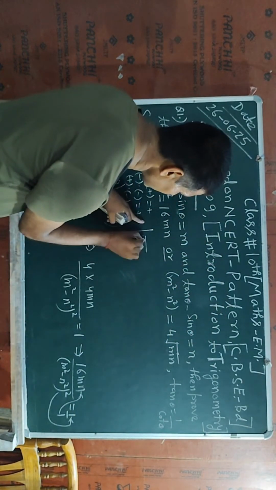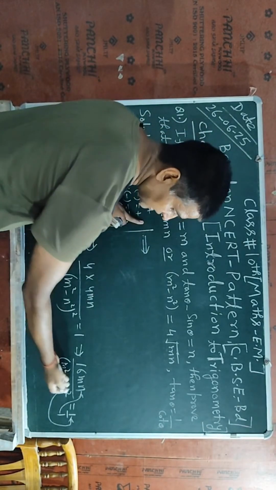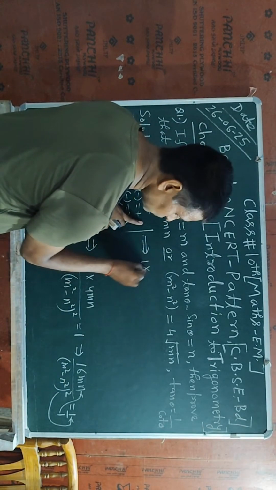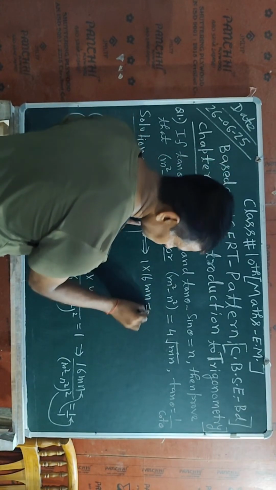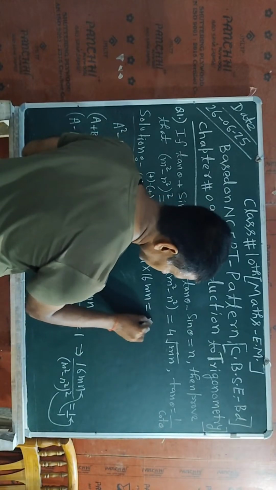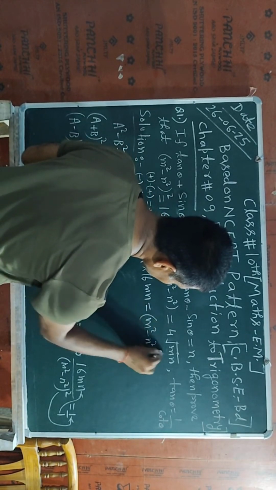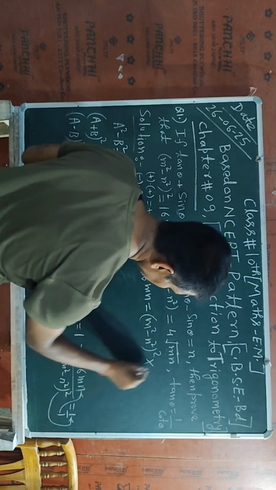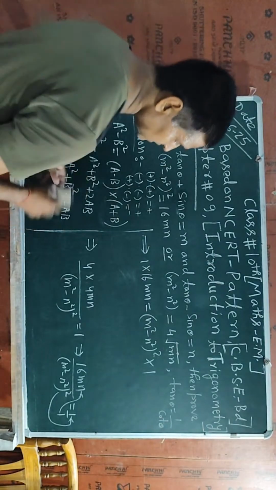So here I will write, this implies 1 into 16m which is equal to m square minus n square whole square into 1. Okay student, so this information I have to write.